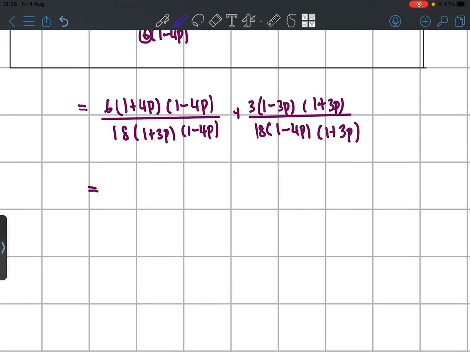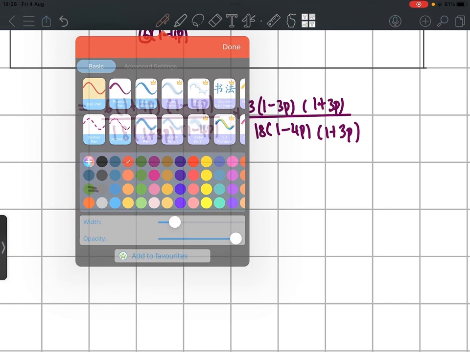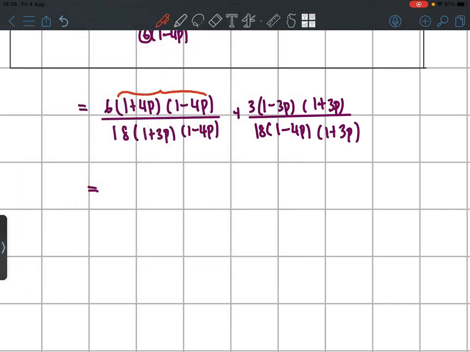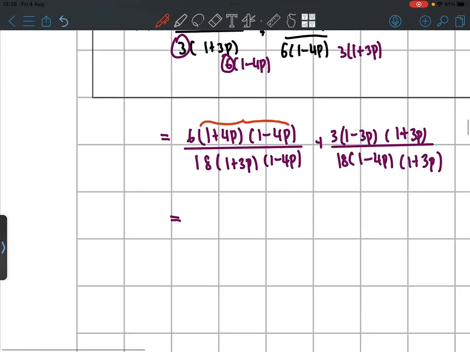Okay, if you realize that this is similar to a square minus b square is (a plus b)(a minus b), right? Is it similar, right? So we know that the a here in this case is 1, b is 4p, so it is minus, so it is 1 square minus 4p square.